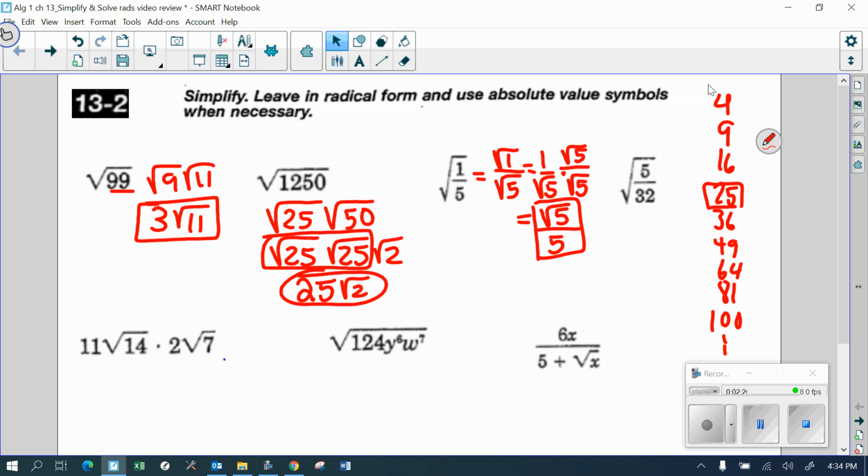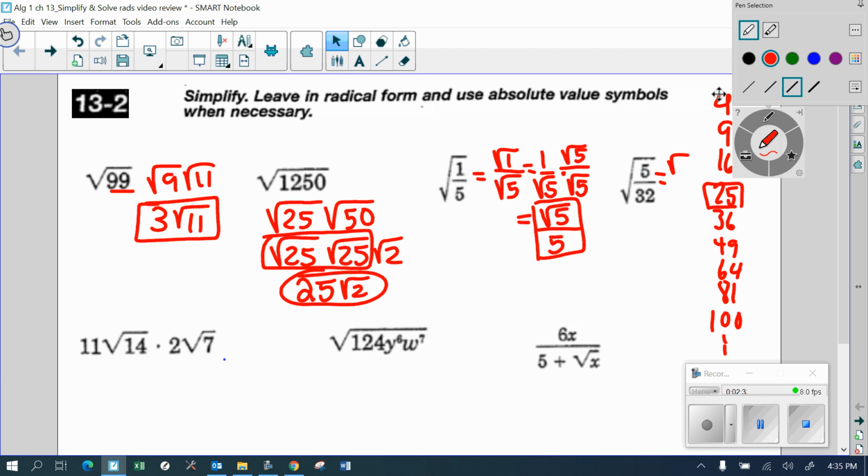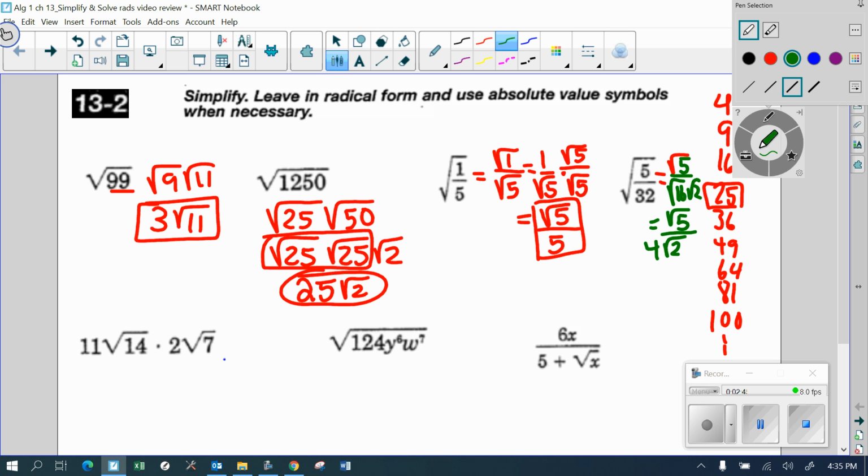All right, now I could sit there and multiply by root 32 over root 32, or I could go ahead and break down root 32 into something smaller. What's half of 32? 16. And break it down to 16 times 2, because then 16 gives me 4 root 2. And remember, I just can't have a radical in the denominator, so that 4 is fine.